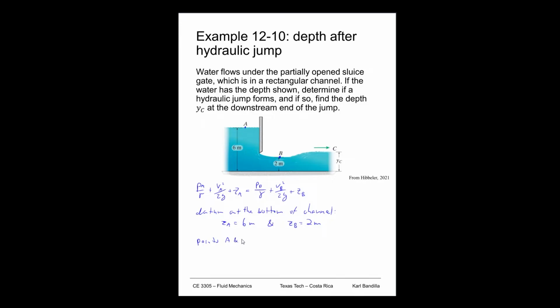Points A and B are in contact with the atmosphere, which of course just means that PA is equal to PB is equal to 0, and we can assume very slow flow at A means VA is also equal to 0.